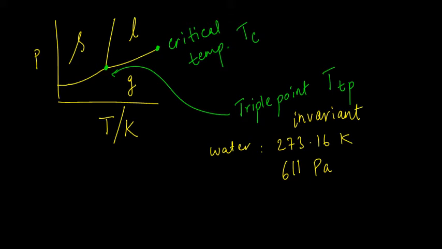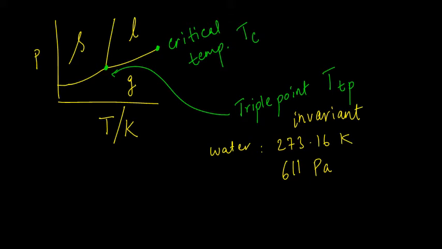I can vary the temperature and I can vary the pressure, and I'll remain in this gaseous region. Of course, I cannot vary the pressure too high. If I want the liquid state, again I have 2 degrees of freedom. Solid, 2 degrees of freedom.